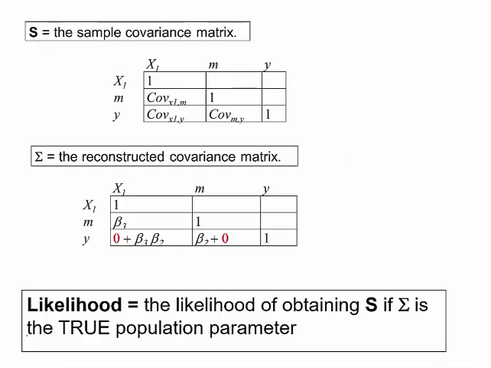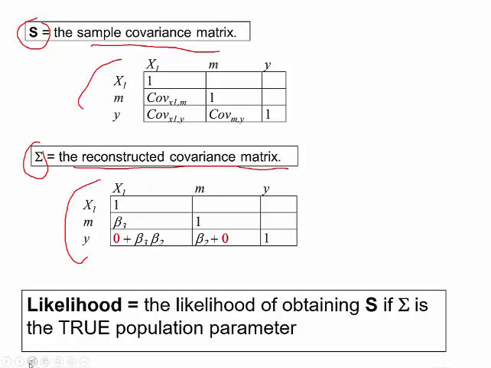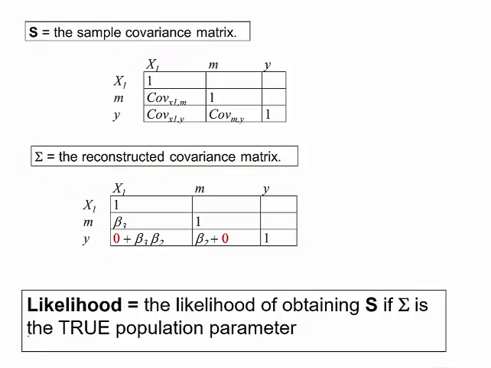So now I'm getting really close to telling you how we calculate those betas. Not quite, but really, really close. So I've got my S, my sample variance covariance matrix, and my sigma, the reconstructed covariance matrix, and I've noted that if I have constraints in my model, my sigma will not be the same as S. But if I have a saturated model with 0 degrees of freedom, then they'll be the same.